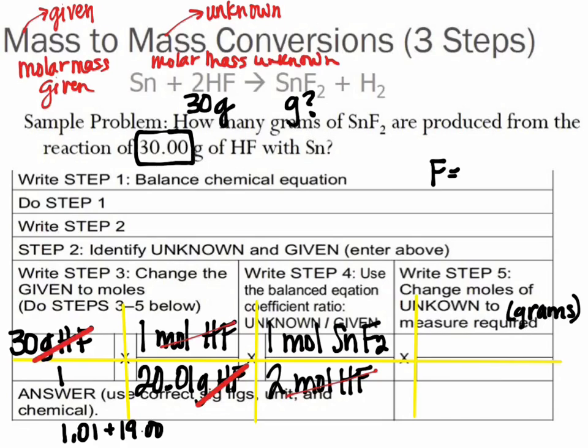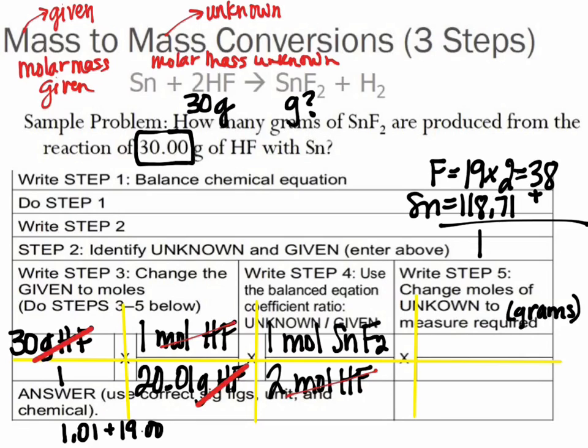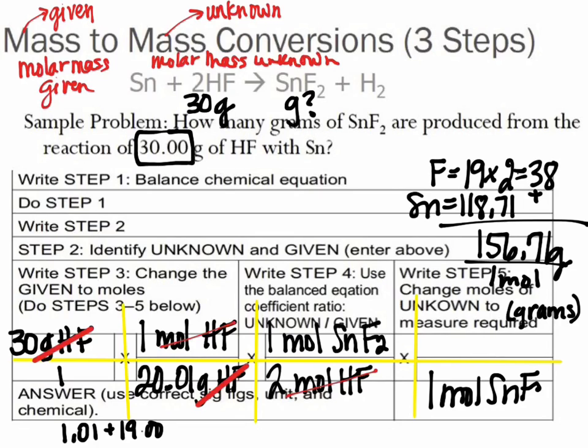So F is 19, and there are 2 of them. Sn is 118.71. And one of the big mistakes too is I see you guys multiplying these. 156.71 grams per 1 mole. So which one goes on top? Which one goes on bottom? Moles goes on bottom. So for every 1 mole of SnF2, it is 156.71 grams.